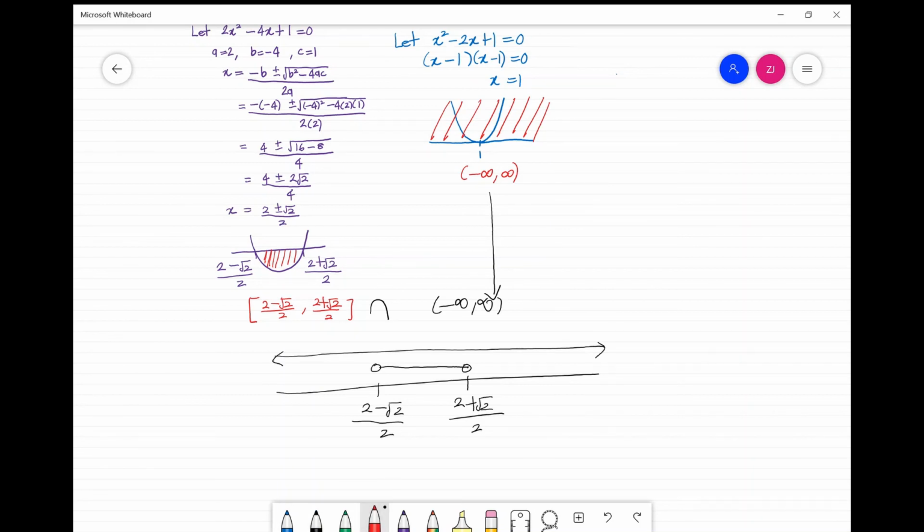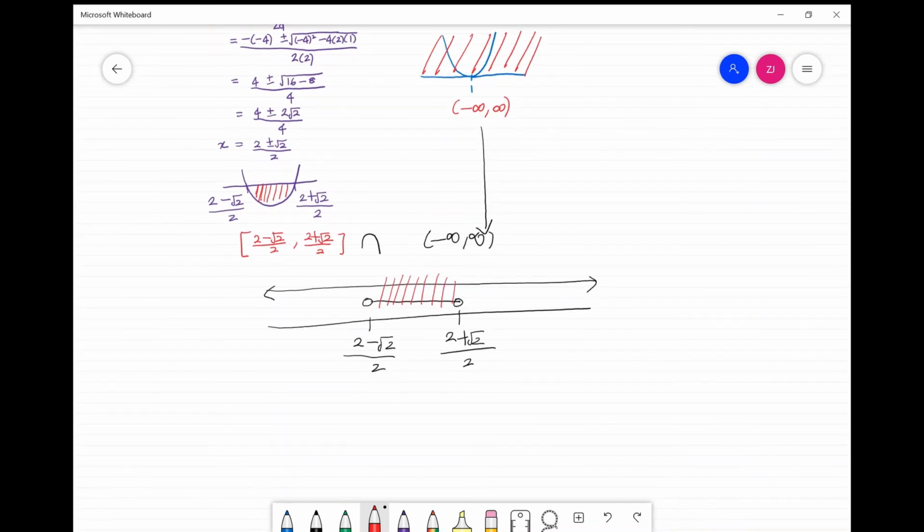We may find that the intersection will be this single set here. So the answer will be the interval from (2 minus √2) over 2 to (2 plus √2) over 2. Sorry, this should be a closed circle because we have closed brackets.